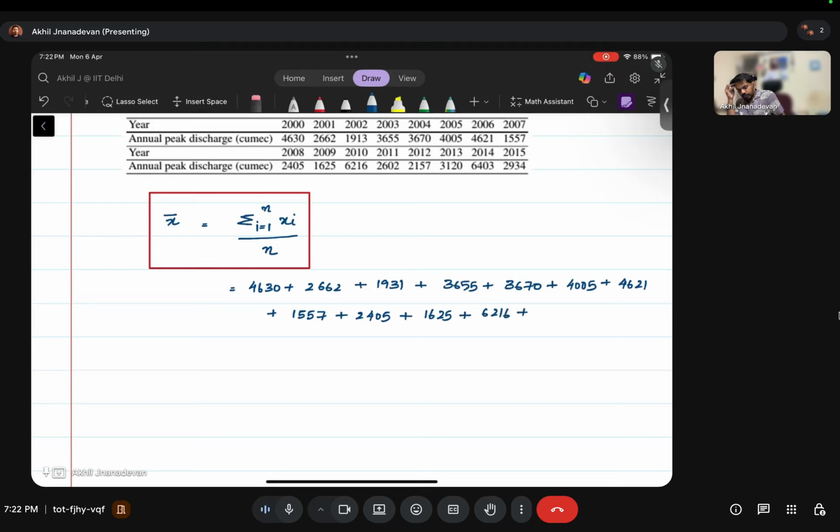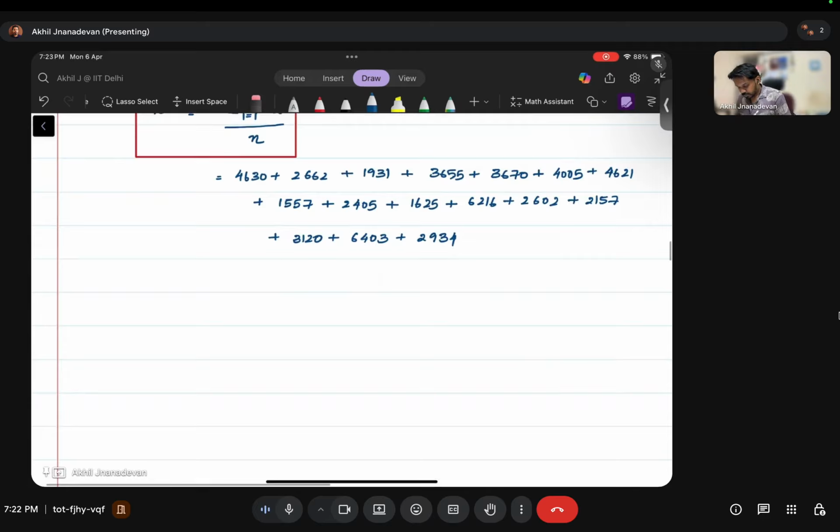That was a flood year. Then 2602 plus 2157 plus 3120 plus 6403, another flood year. Then 2934. So these are the discharge values that we need to divide by n.